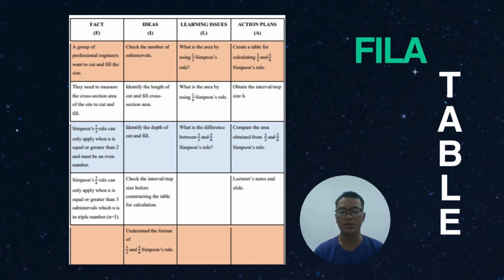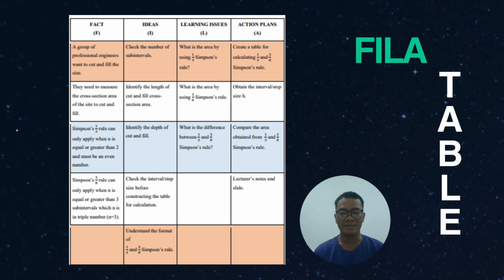For the learning issues: what is the area by using the 1 over 3 Simpson rule? Then create a table for calculating the 1 over 3 and 3 over 8 Simpson rule. Second, they need to measure the cross-section area of the site to cut and fill. Ideas: identify the length of the cut and fill cross-section area. Learning issue: what is the area by using the 3 over 8 Simpson rule?